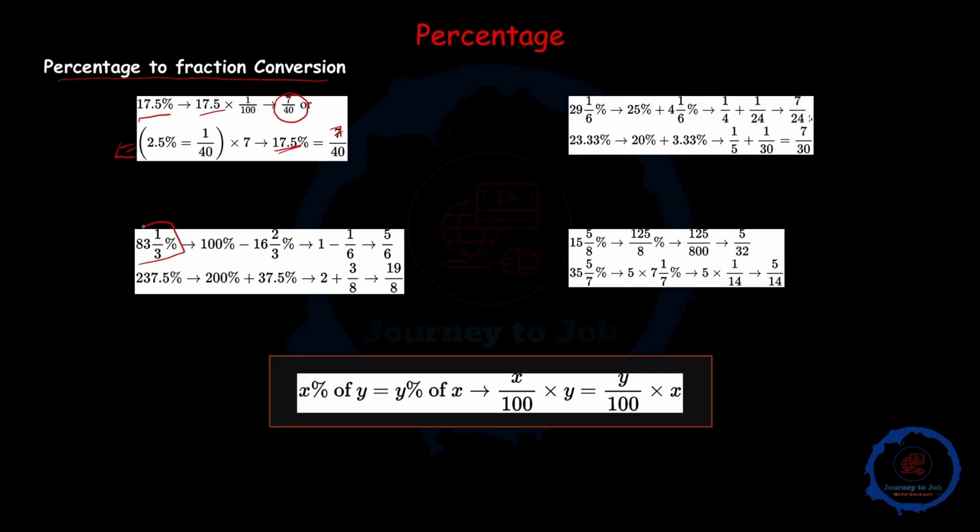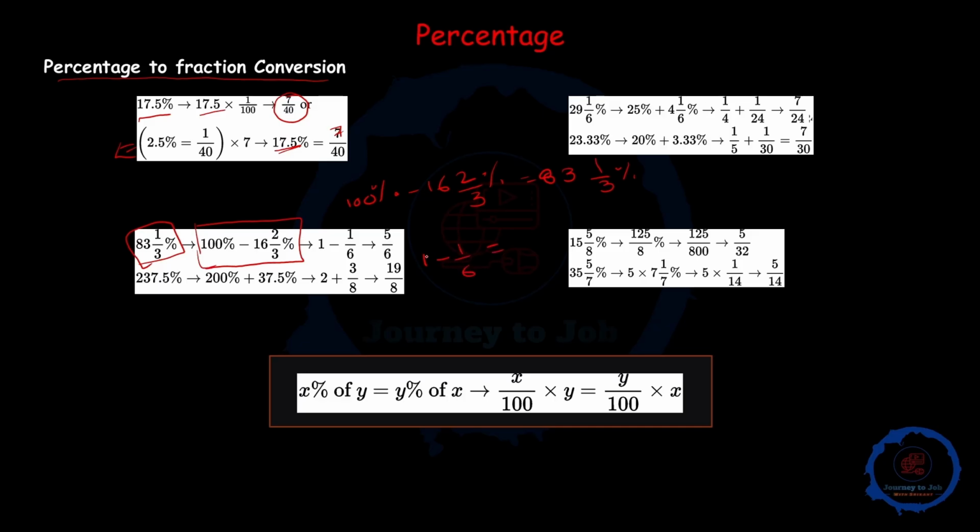Okay, 83 1 by 3 percentage. If you try to solve by the normal process, you will end up with a lot of calculations. So how to calculate this more simply? 83 1 by 3 percentage is simply equal to 100 percentage minus 16 2 by 3 percentage. Now 100 percentage we know is 1, and 16 2 by 3 percentage we know is 1 by 6.